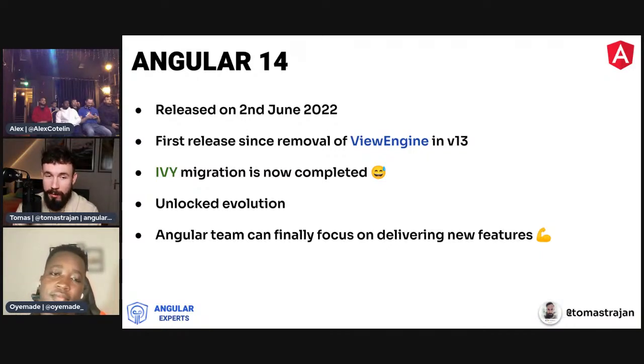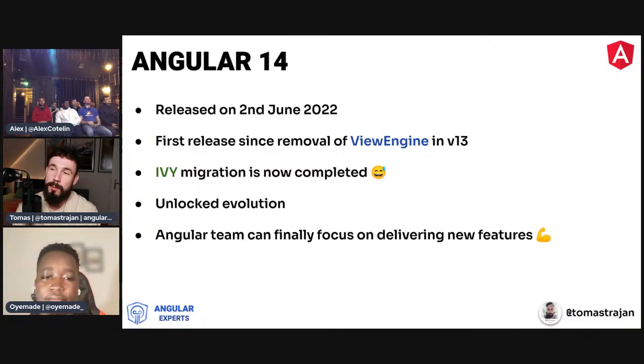From version 8, we could opt in to a new renderer called Ivy, and from version 9 it was the default, while we could still disable it and fall back to View Engine. That was all the way until version 13, which is the first version which was Ivy only. That means that this older rendering engine called View Engine was completely removed.